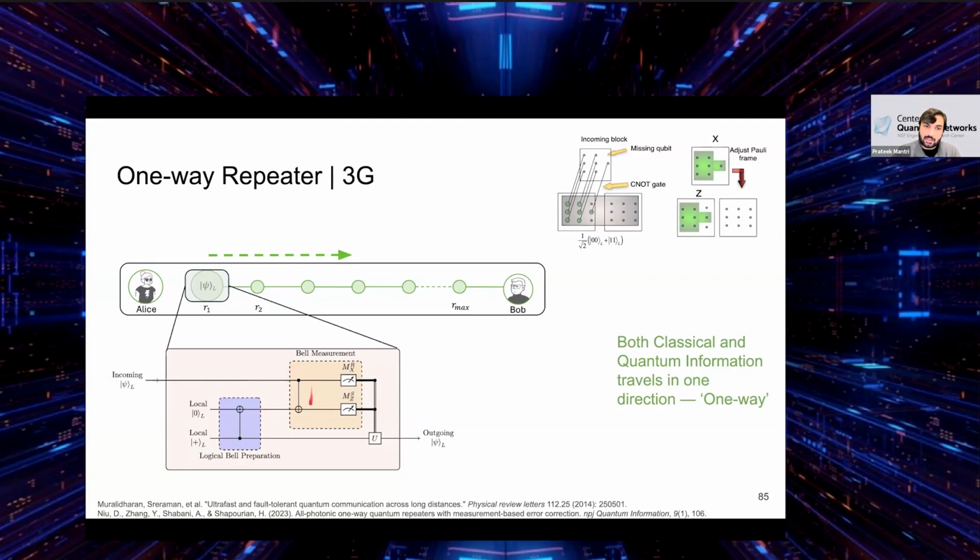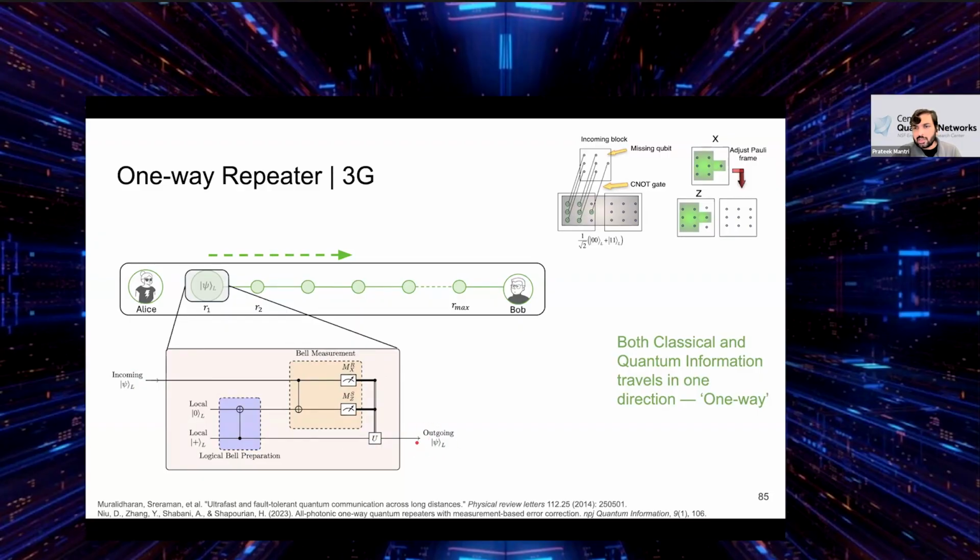Then you apply a logical CNOT between one part of the Bell state and the incoming state, and then you do a logical measurement in X and Z basis. Based on the outcomes, you apply some unitary on the other part of the Bell state that you had prepared, effectively teleporting this state psi L into the outgoing state.